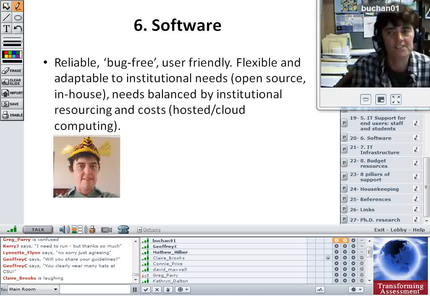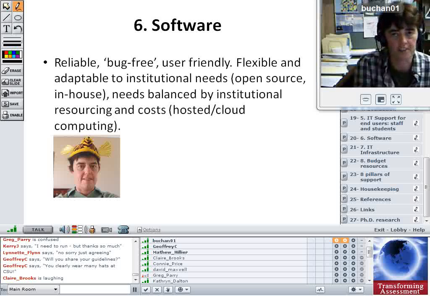Software, as I mentioned, is the ball in your court? Well, if you are into things that are good, reliable, bug-free, user-friendly, if it's Respondus or the native Moodle quiz tool, I guess one would expect it to be reliable, bug-free, user-friendly.